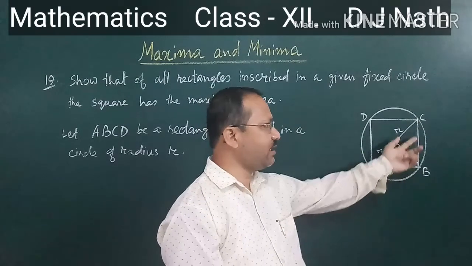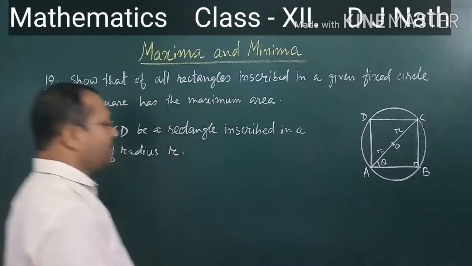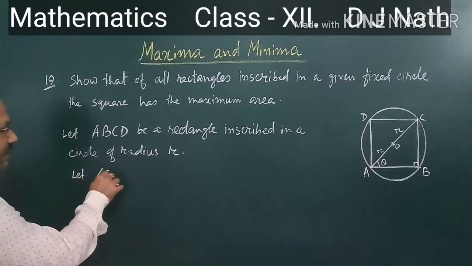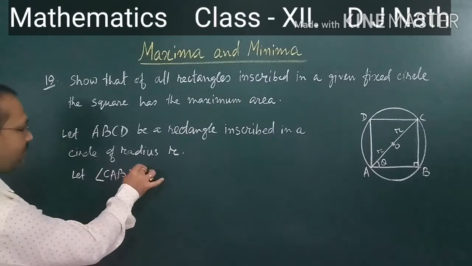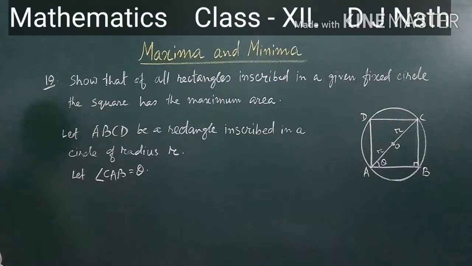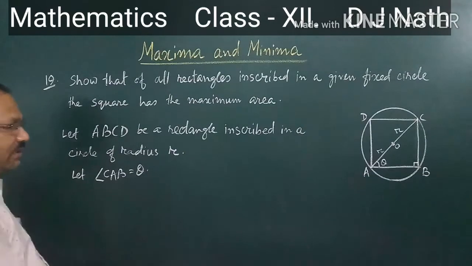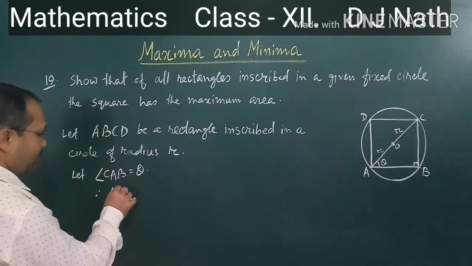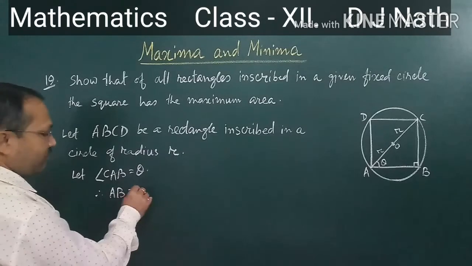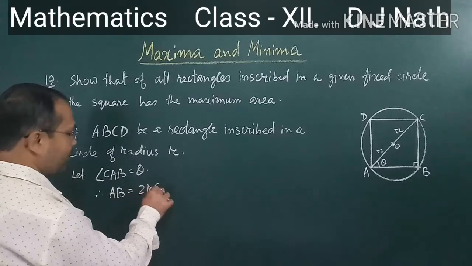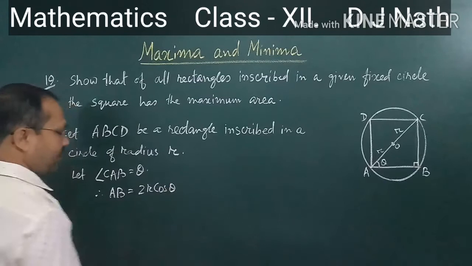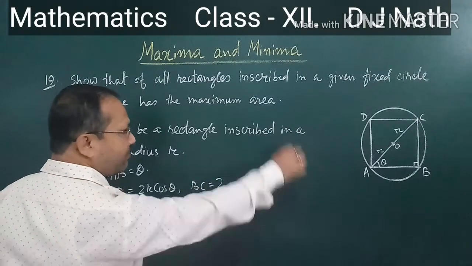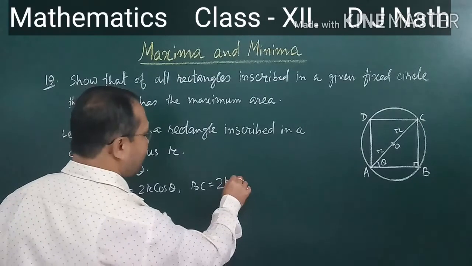So we take angle CAB equal to theta. Therefore AB is equal to 2r cos theta, and BC is 2r sin theta.